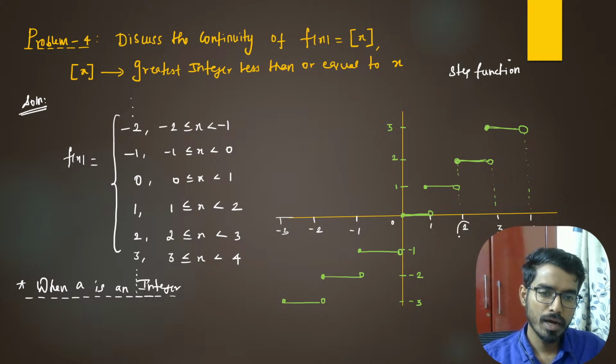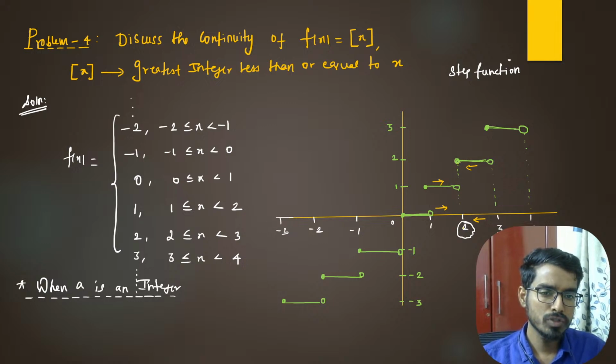You can see at 2, what is your LHL actually? Let us take 2. At 2, what is your LHL? Very simple, right? You just go by the graph. If I approach 2 from the left, the function is approaching 1, right? But when I approach 2 from the right, you can see the function is approaching 2. Yes or no?